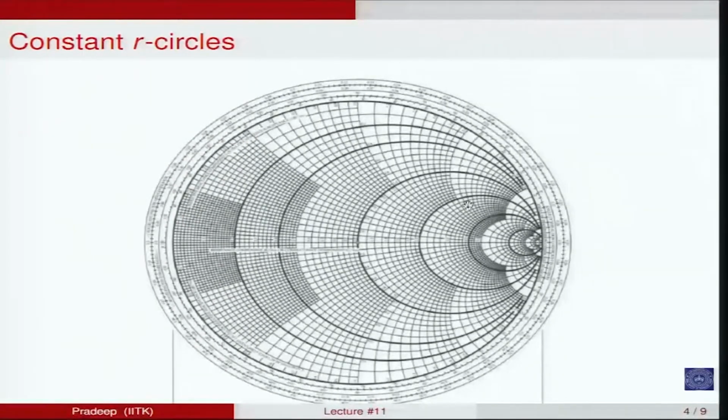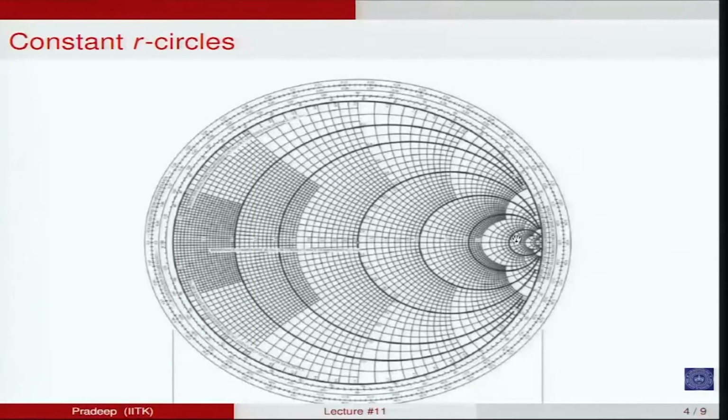These are some of the circles which I have marked. These are constant R circles. You can see that the circle with the largest diameter corresponds to R equal to 0, and then you keep increasing R. So this circle which is almost at the center is the R equal to 1 circle. The normalized resistance is equal to 1 here.